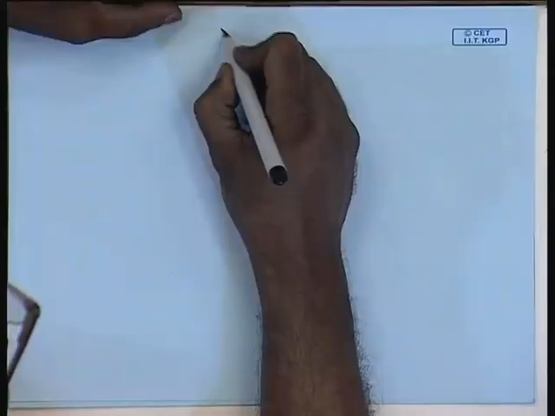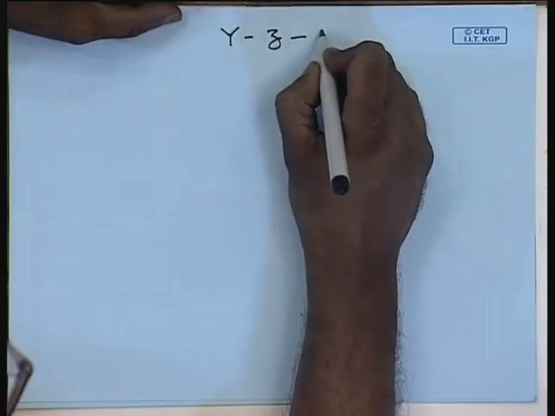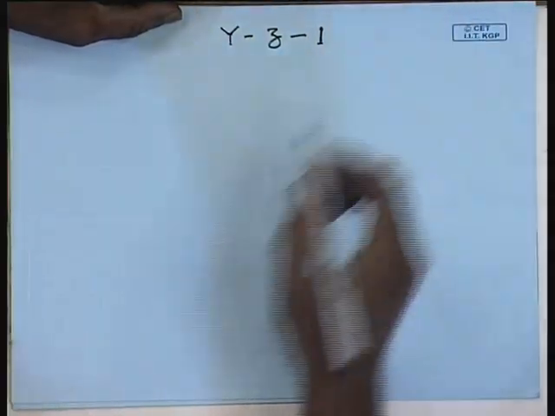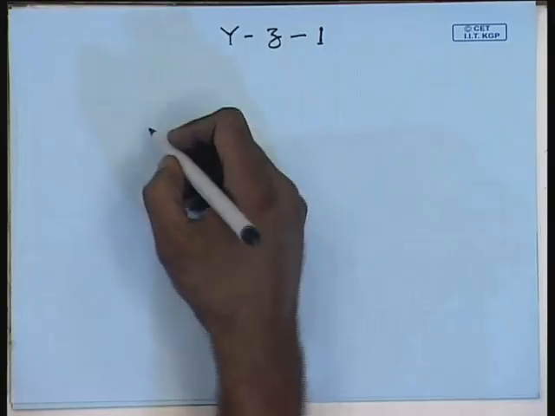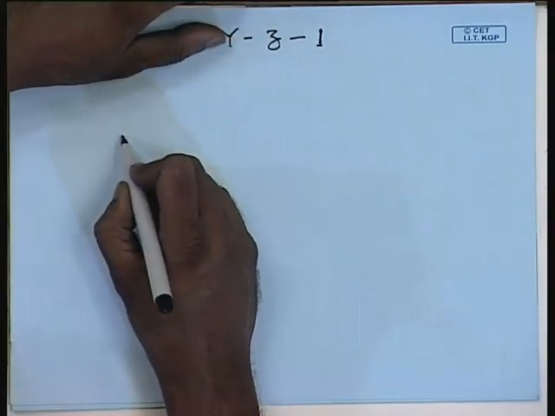Now, let us see how the zigzag connection can be handled. So, let us first take up the case of YZ1. As we have seen, DZ1 is not possible. So, the input side is Y connected, hence the line to neutral voltage phasor is the same as the winding voltage phasor.